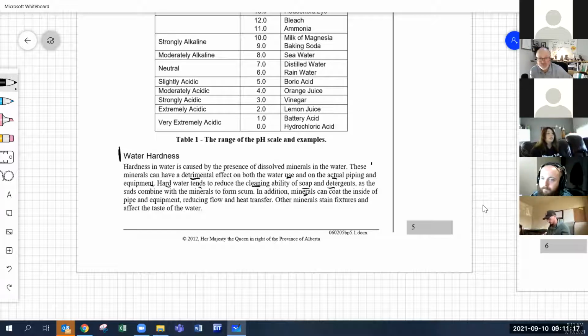Now, in addition, these minerals can coat the inside of pipe and equipment, reducing, this is the big one, flow and heat transfer. Now, in smaller equipment like instantaneous hot water tanks or flow through boilers for domestic hot water, this is a big issue. Because after a year, you're going to get a call saying, my hot water tank, my Navien boiler, whatever it is that you're using, it's not really working as well as it used to.